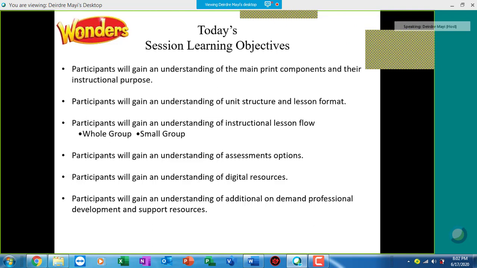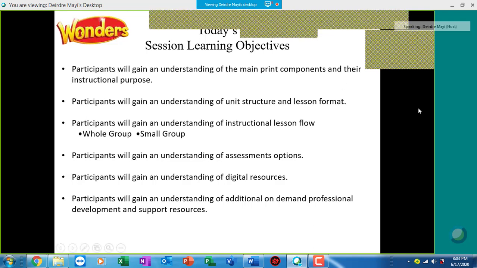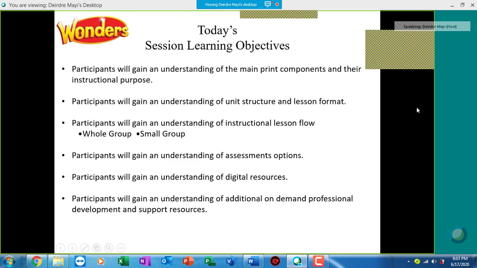It is also hoped that you will gain an understanding of the instructional flow of both whole group and small group. Also, that you will gain an understanding of assessment options, along with an understanding of digital resources. We also want you to gain an understanding of additional on-demand professional development and support resources. There will be many.